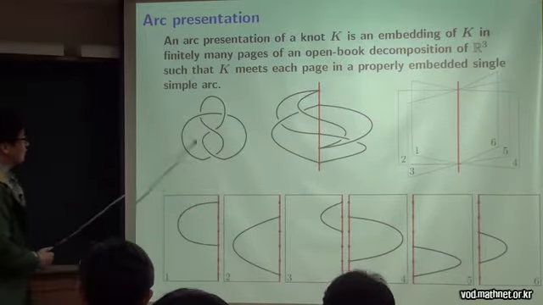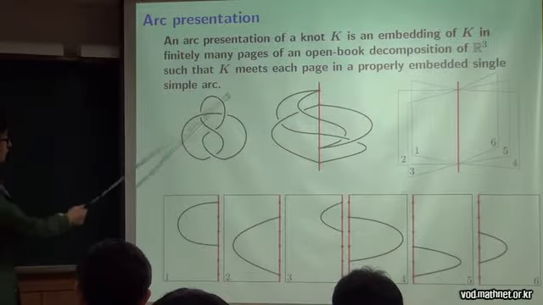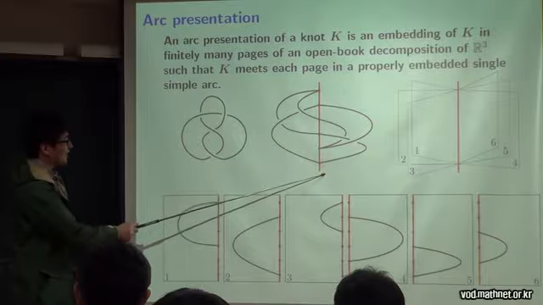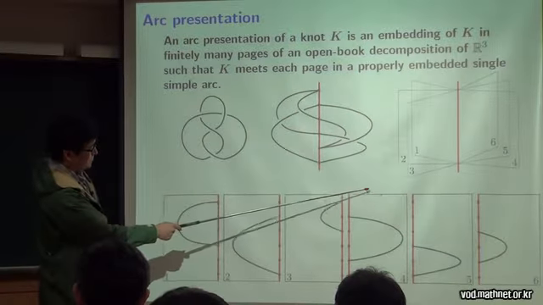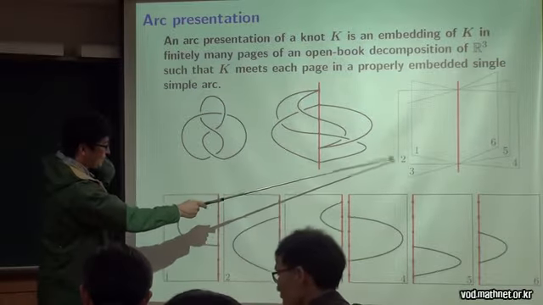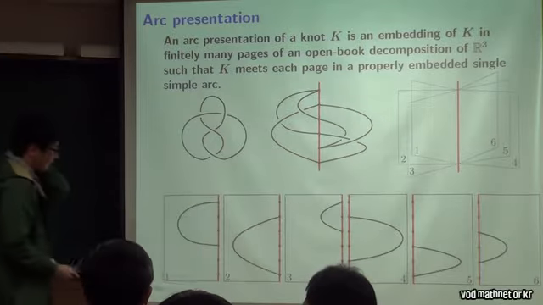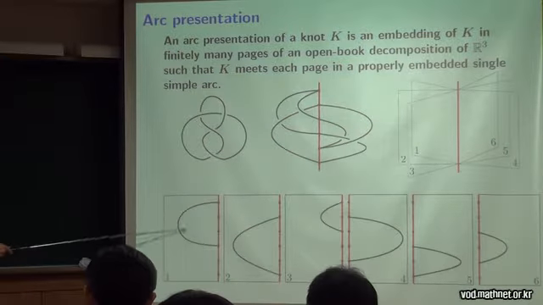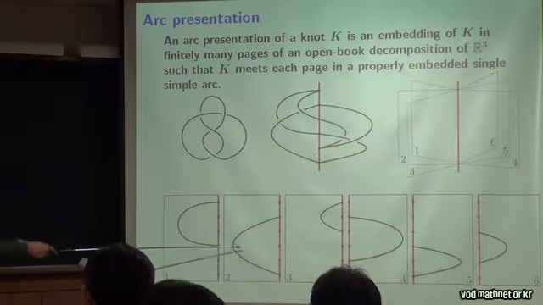For example, this is the figure 8 knot. And we can deform this knot like this. And we see that this book has 6 pages. And we can see the properly embedded single simple arc like this.